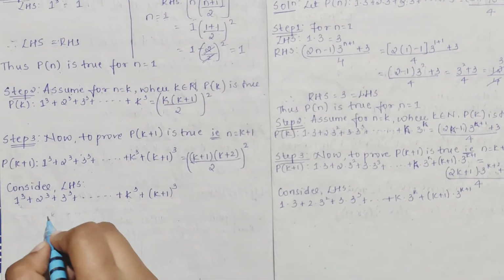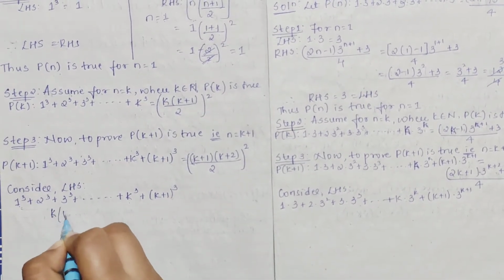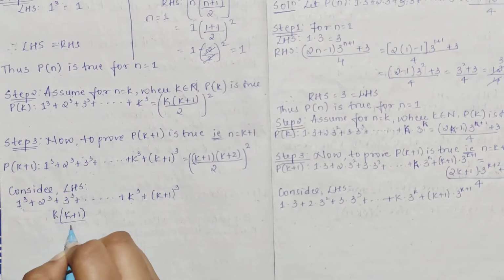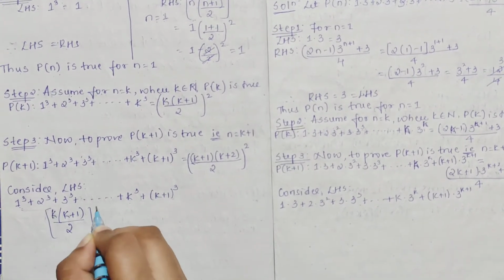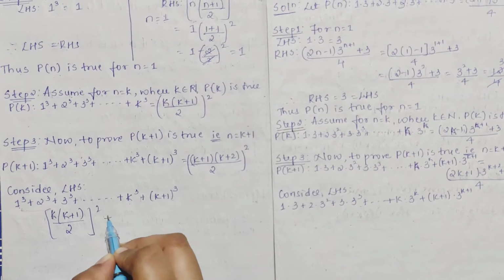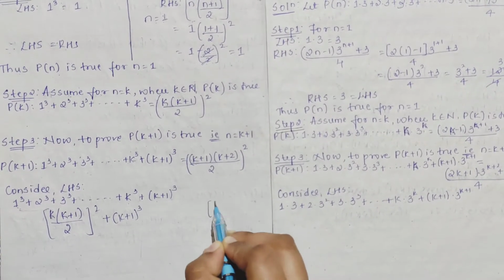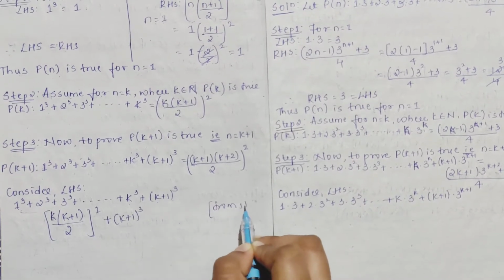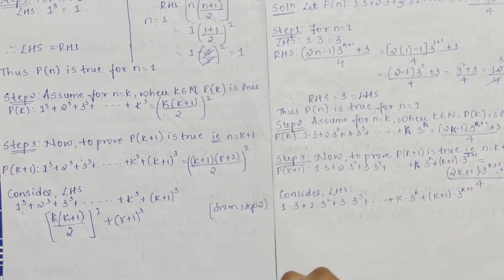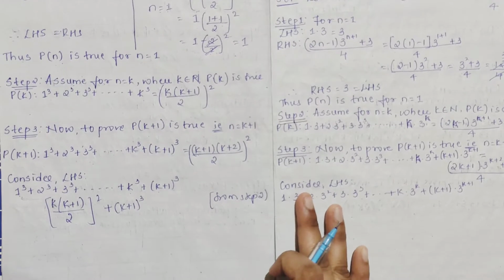So we'll write the same, k of k plus 1 divided by 2, the whole square, plus k plus 1 whole cube. This we have got from step 2. Please don't forget to mention all this.